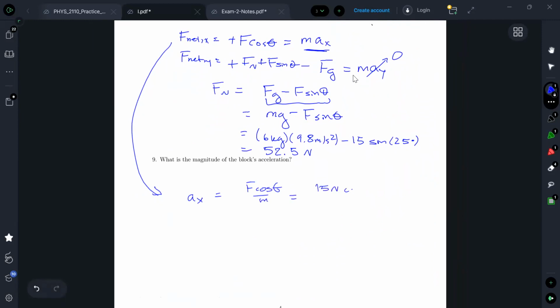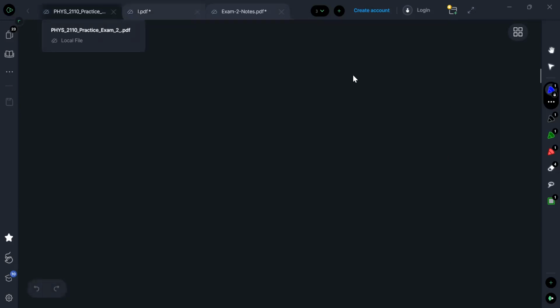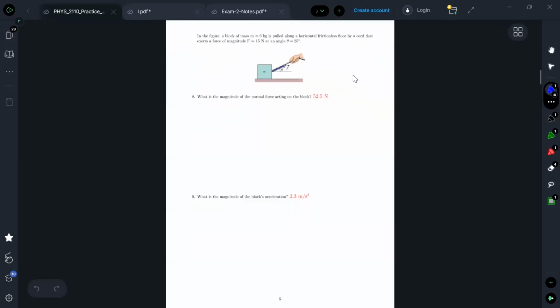It's 15 cosine 25 over the 6 kilograms, and that is 2.3 meters per second squared. Yep, 2.3.